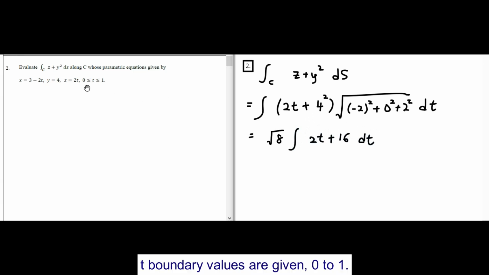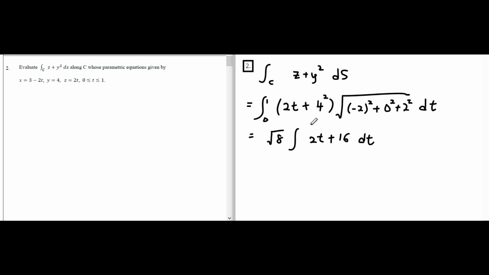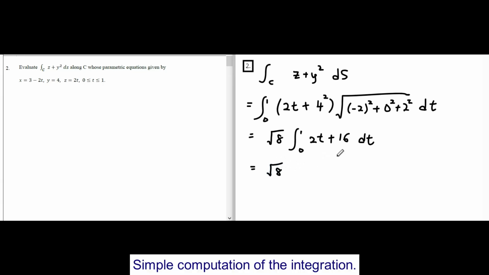T boundary values are given 0 to 1. Simple computation of the integration.